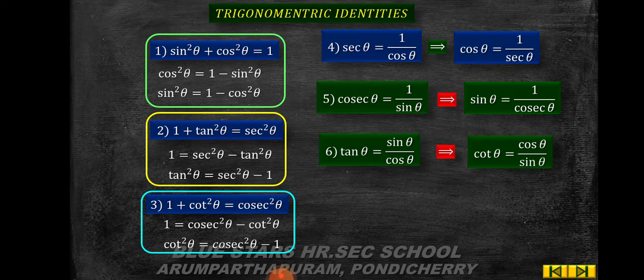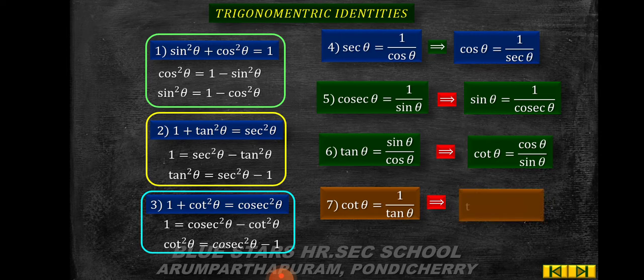That is, tan theta is equal to 1 by cot theta. We can change the numerator into the denominator and the denominator into the numerator. So cot theta is equal to cos theta by sin theta. Then the seventh one, cot theta is equal to 1 by tan theta. As we already saw, this implies tan theta is equal to 1 by cot theta.